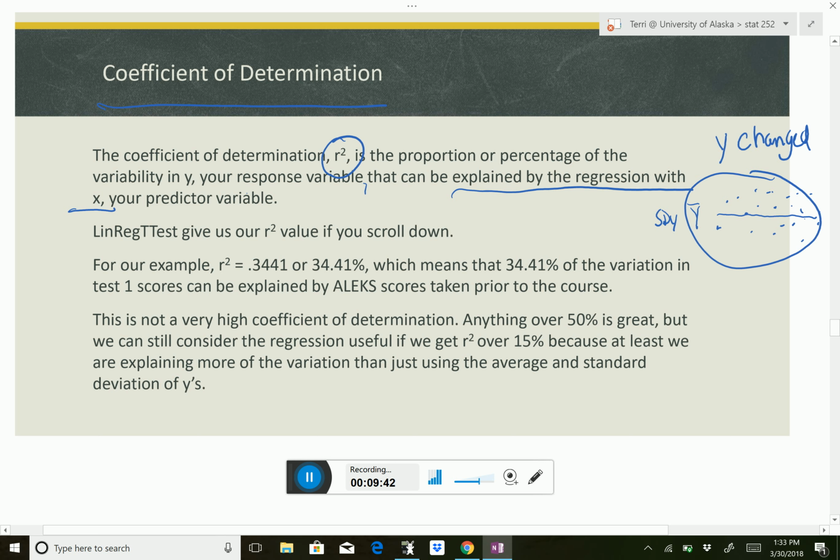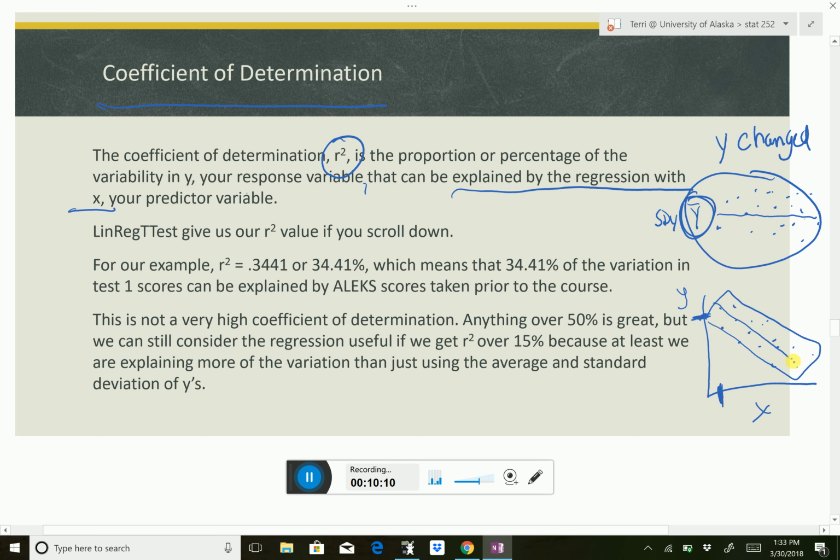However, if I have another variable that may be affecting what the mean Y is, and this time I'm going to do it negative just because I want. So over here with lower values of X, I have higher values of Y. So this one looks like X is having some effect on what Y is.